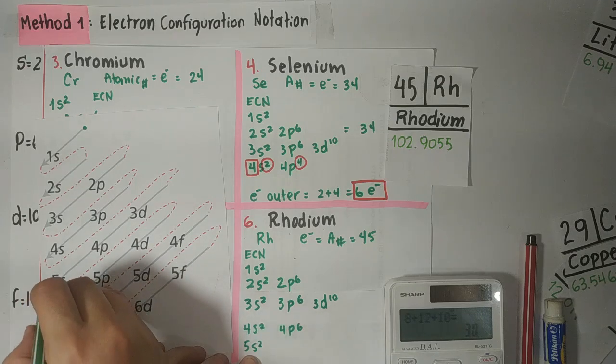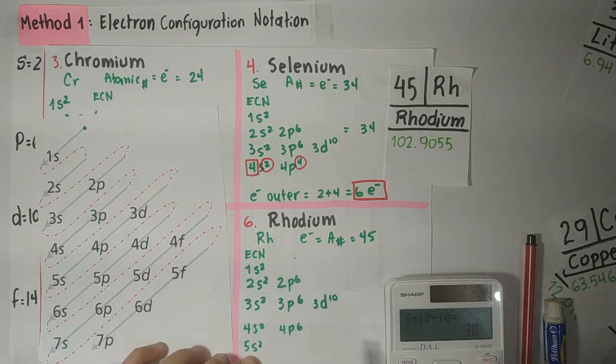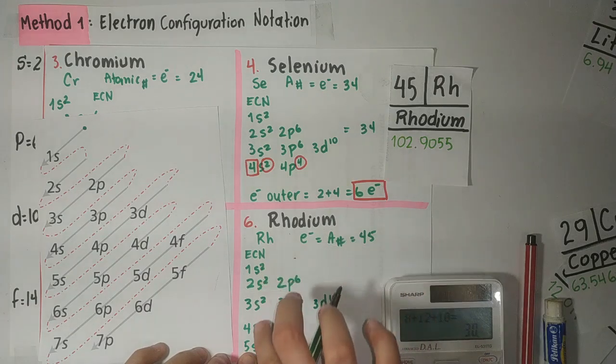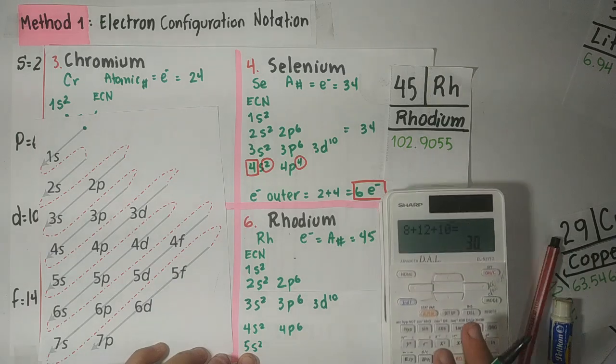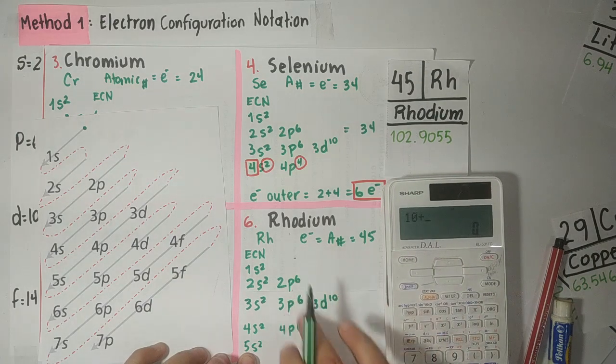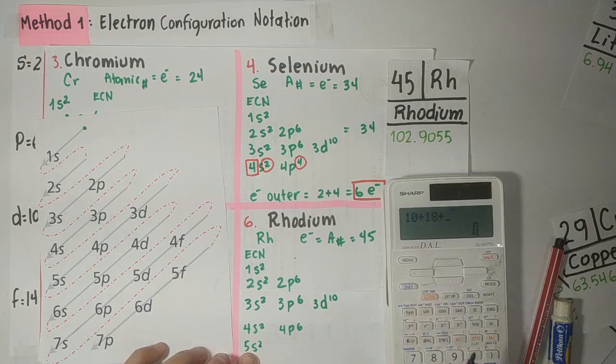We are in 5s. So I have 2, 2, 2, 2, and 2. I have 10 electrons over here, plus 6, 6, 6, 18, plus 10. So far I have 38 electrons.